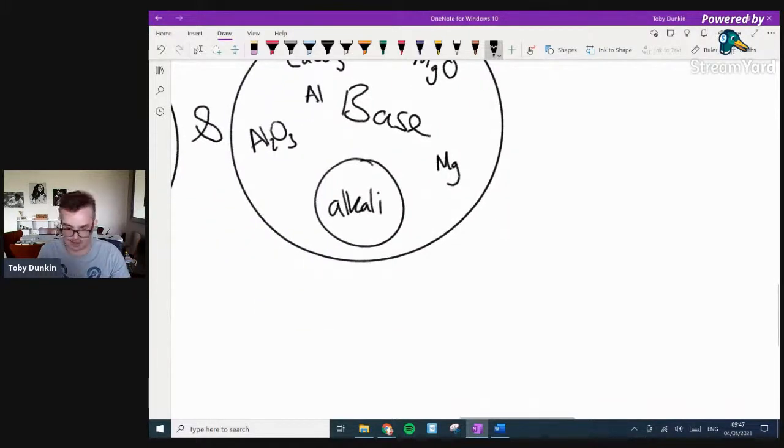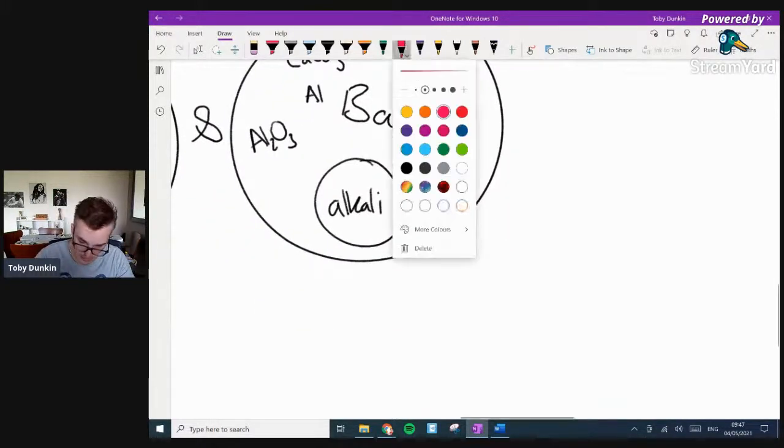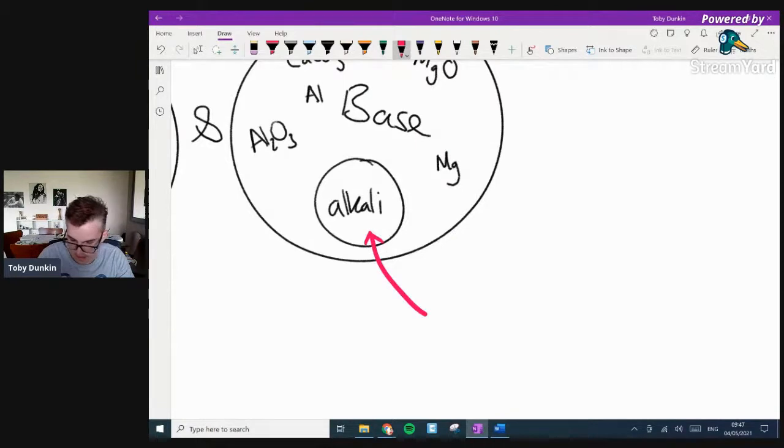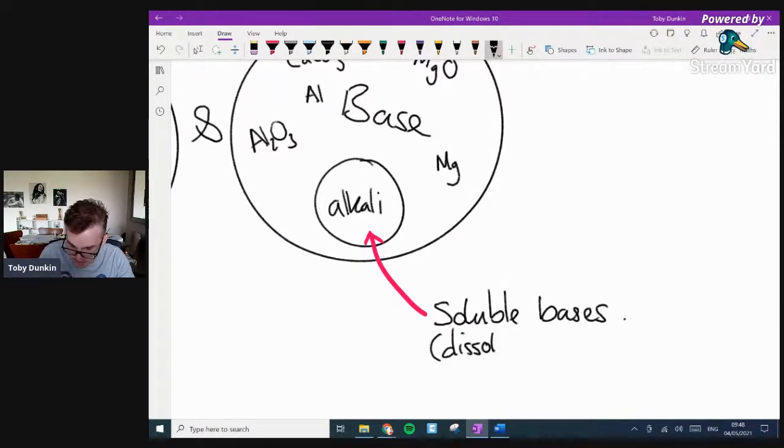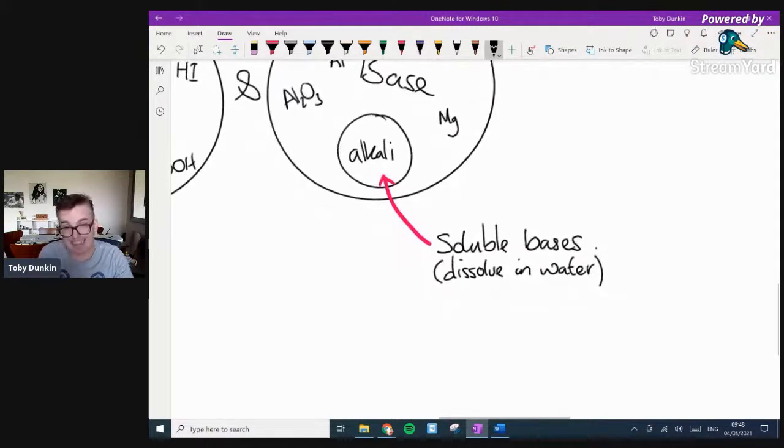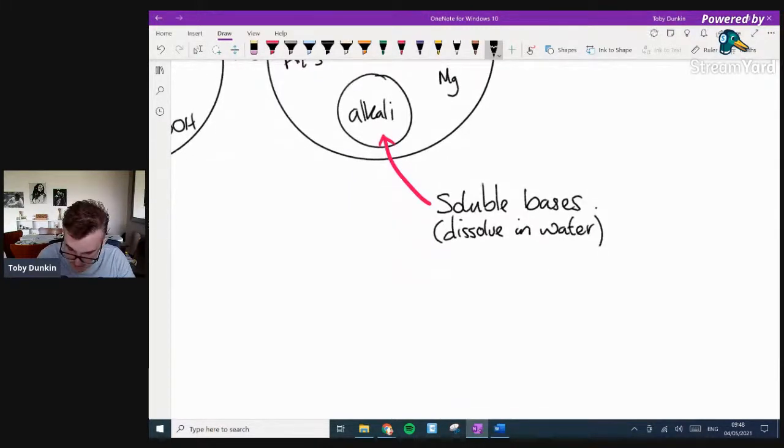Now, alkalis, and this is the nota bene, which is really important, are soluble bases. They dissolve in water. So, for example, sodium hydroxide, NaOH, all group 1 hydroxides are soluble.